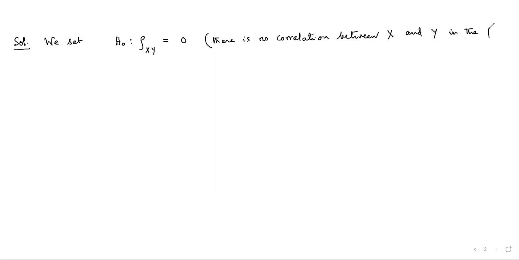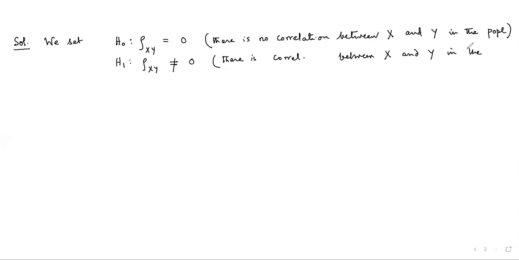So this is my null hypothesis. And in the alternative hypothesis, I'll assume that there is a population correlation coefficient between capital X and Y in the population. So the population correlation coefficient is not 0.